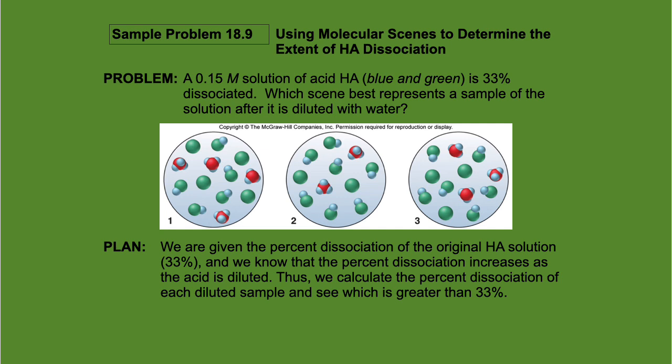The green and blue dots represent the acid HA that remains in solution in the form of the molecule HA. And the green dots represent the anion, or the conjugate base A-, in solution once it is partially dissociated. Which of these is partially dissociated by 33%? Take a moment to determine this.